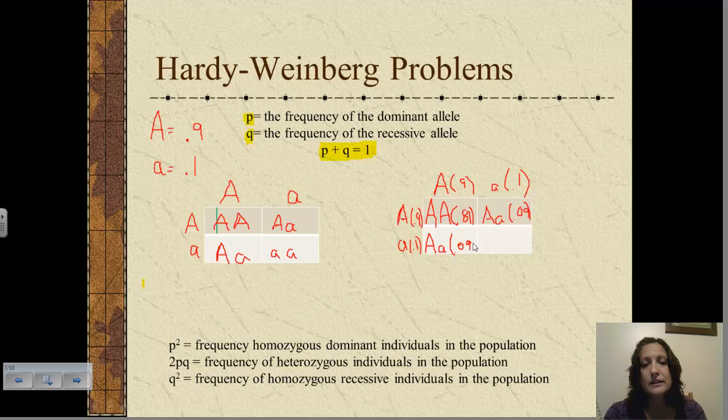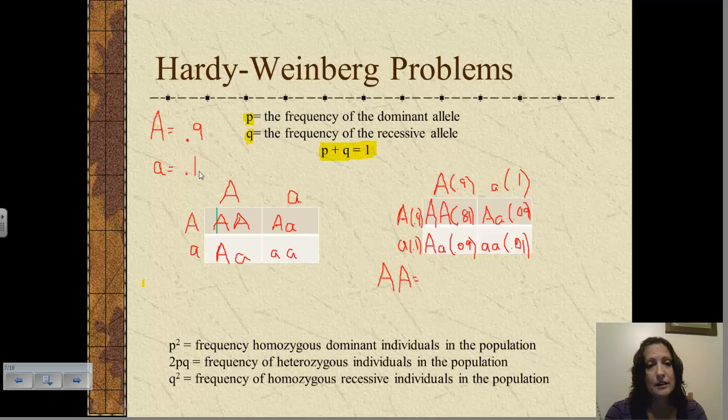And then finally, the probability of little a, little a, we again take the product, so that would be 0.01.